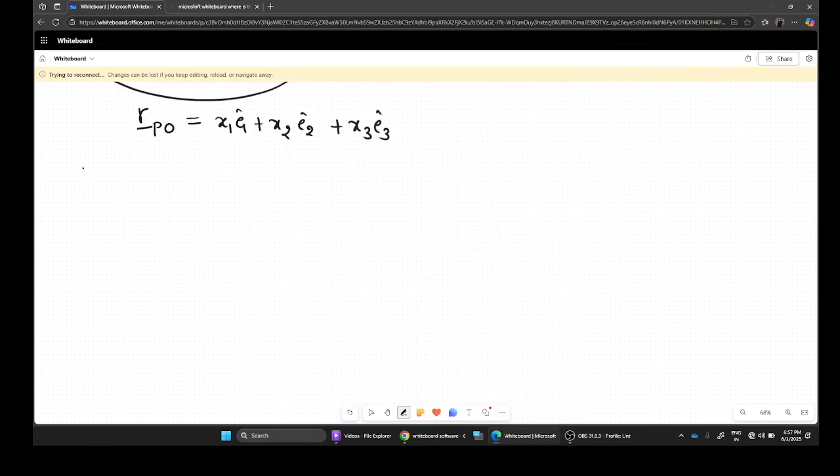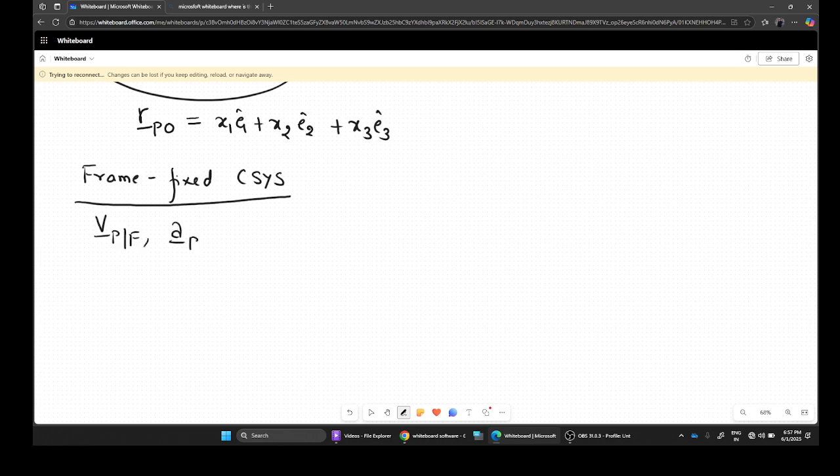Now let's focus our attention entirely on a frame fixed Cartesian coordinate system. And I want to know the expressions of VPF and APF using this frame fixed Cartesian coordinate system.